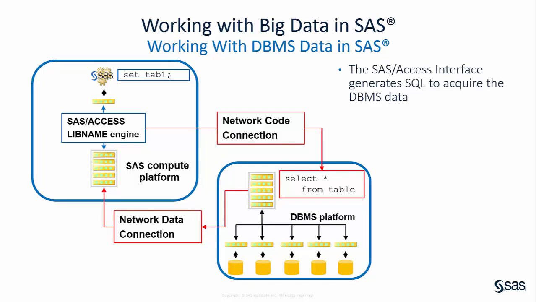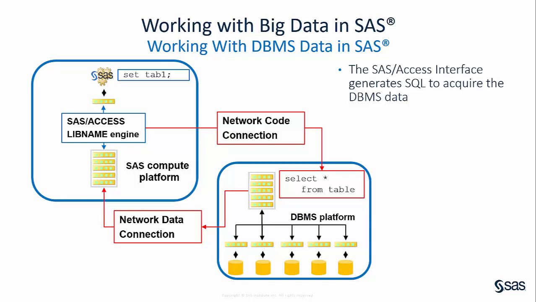So here you can see that when we request data from the database, the Access engine turns that into SQL code, which then retrieves the data or a subset of the data from the database and sends the data back over the network to the SAS platform for computing.